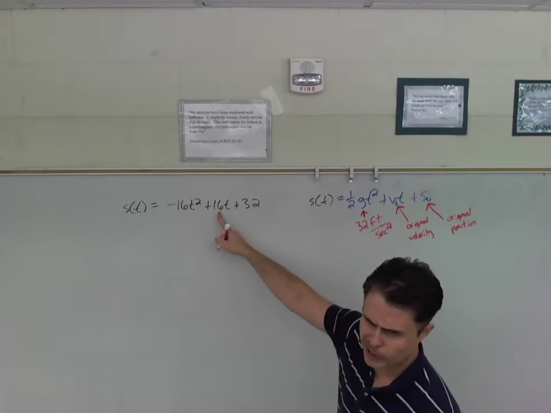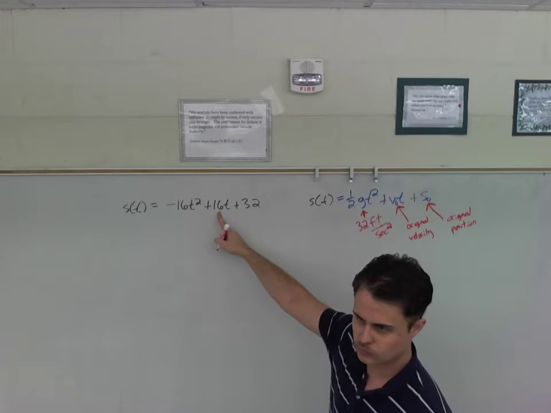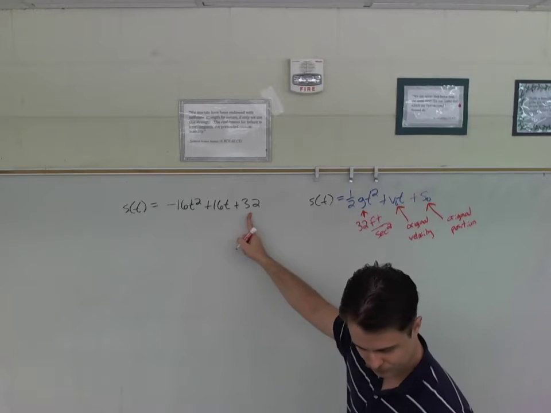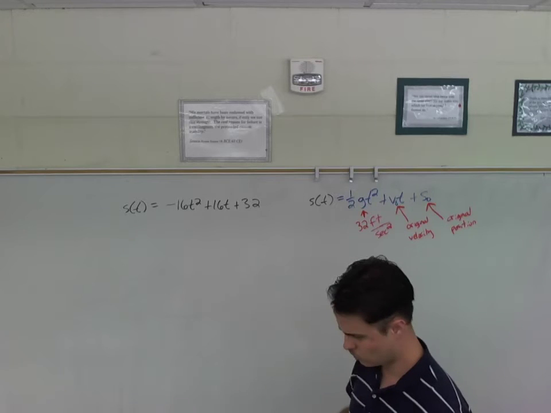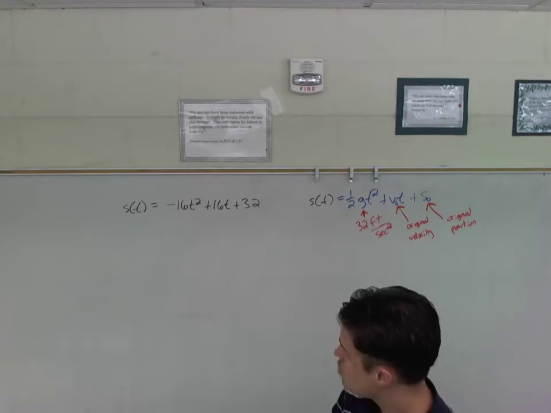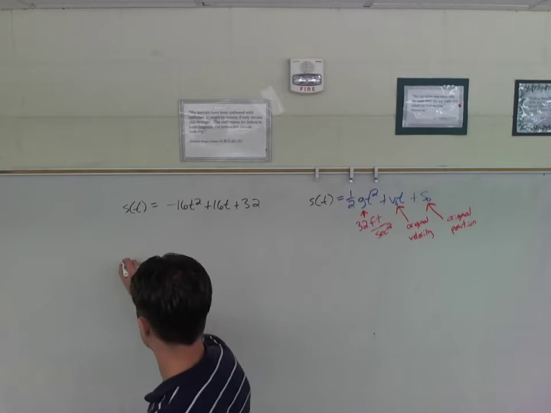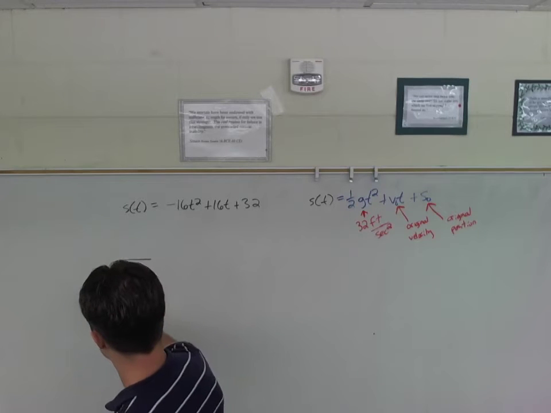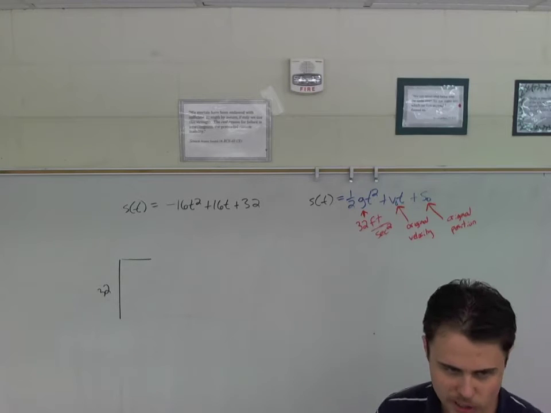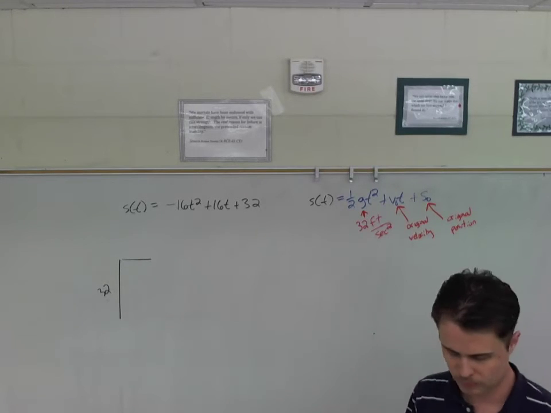This guy's moving how fast at the beginning? Speed 16 feet per second. And how high was it originally? 32 feet. So what I said this was is the position of a diver who jumps from a board, like a diving board. It's 32 feet high, and at the very beginning, after they jump and use their legs, the initial velocity is that much. Okay? I can dive now.